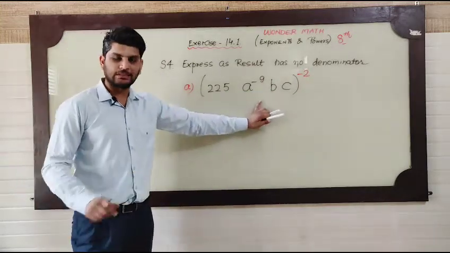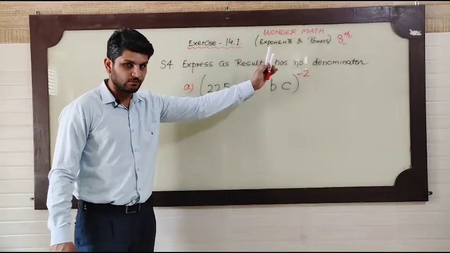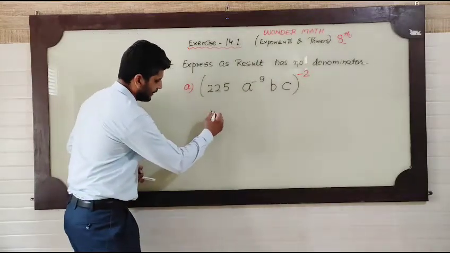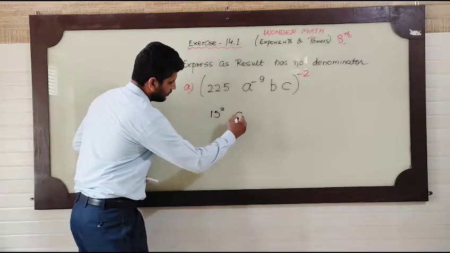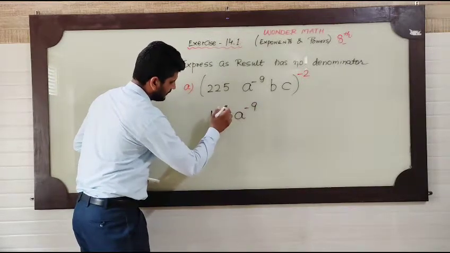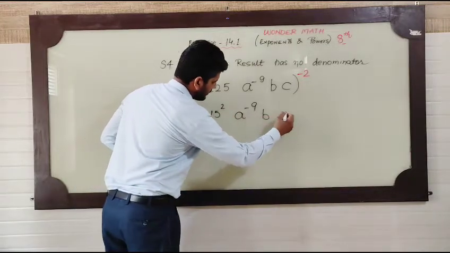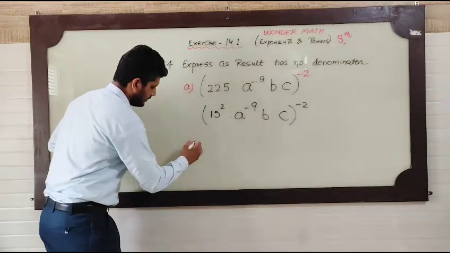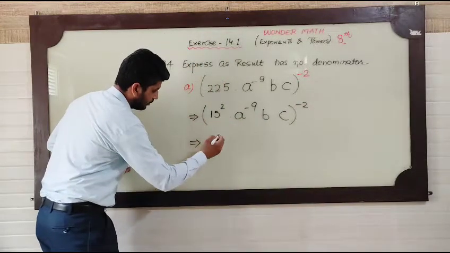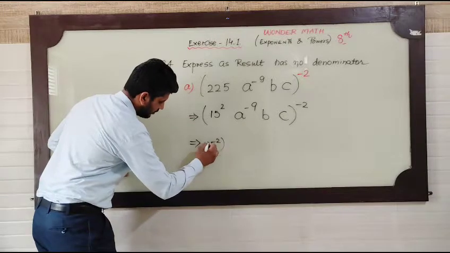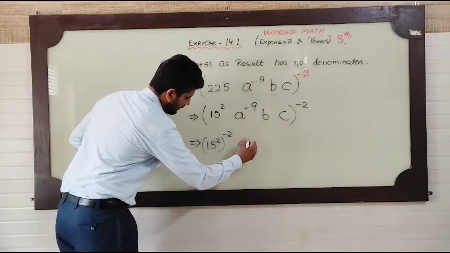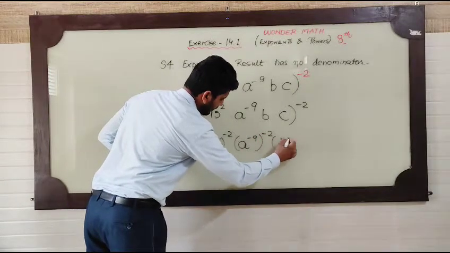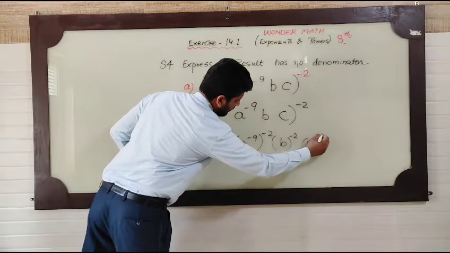So we have to solve this in the numerator. Otherwise, the power -2, we would take to the denominator, but we have to solve it here only. So how can we write it? 15 square into a power -9, 15 square b c, and whole power -2. -2 will come, and we can distribute it to all the values. 5 square whole power -2, a power -9 whole -2, b -2, c -2.